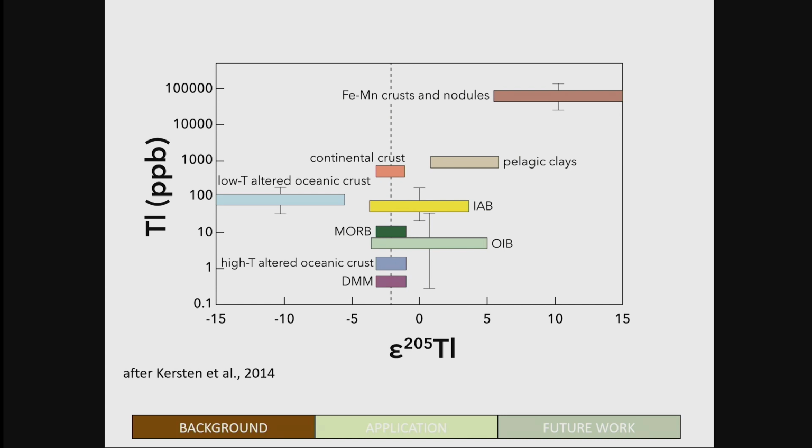This means if we see isotopic shifts of thallium, it's much easier to pinpoint where those are coming from geologically. So a lot of thallium research has been done in marine settings, and they've been able to very successfully track what types of oceanic sediment are getting subducted, and even do mass balance calculations to determine how much of those different sediment reservoirs are getting subducted, getting melted, and ultimately coming back to the surface through arc volcanism.